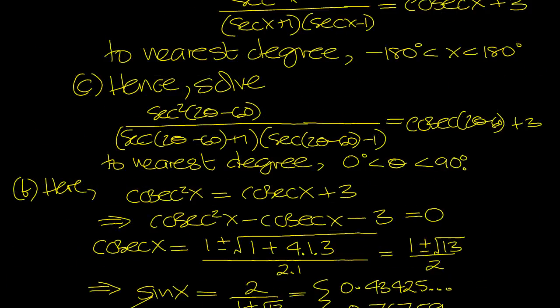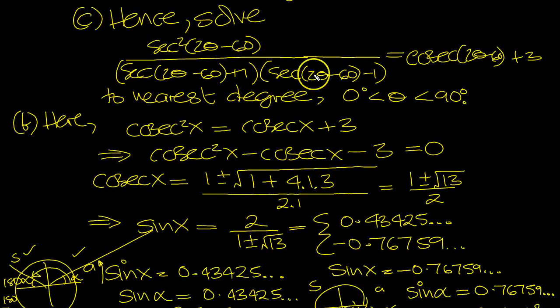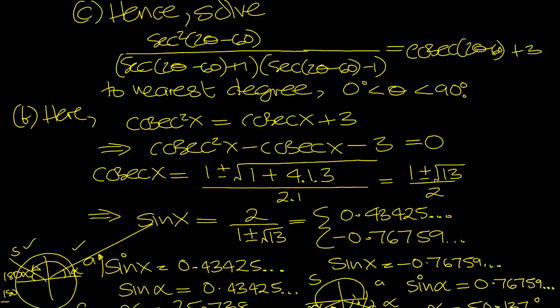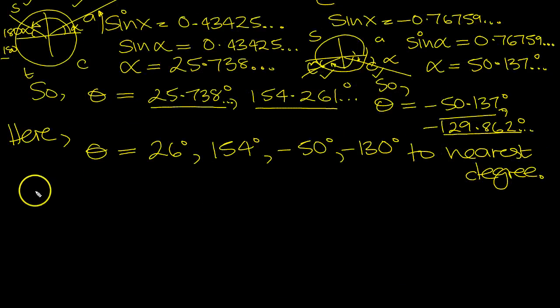Okay, let's go back up. Now it's the same equation here, but it's saying solve this equation here to nearest degree for theta between 0 and 90. So theta between 0 and 90, we've got 2 theta. The argument, instead of it being theta in our original problem, is 2 theta minus 60.